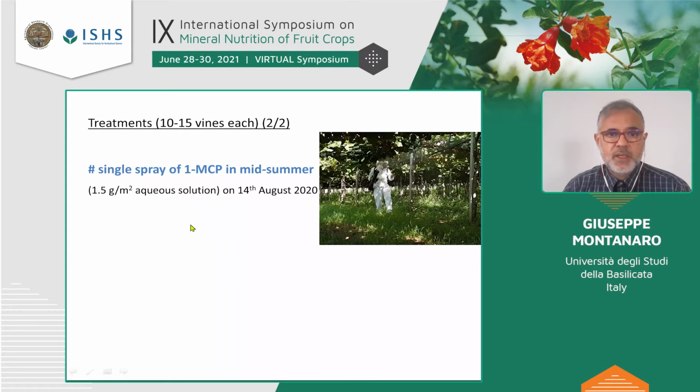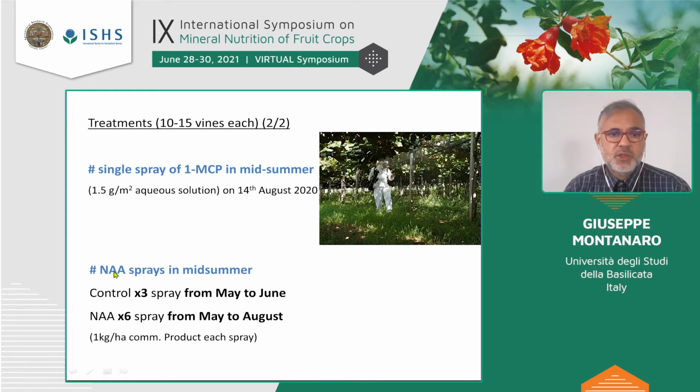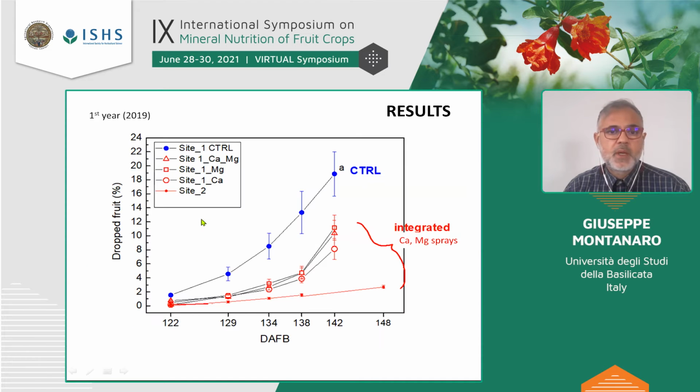We also sprayed 1-MCP in a single application in midsummer, and the application of the synthetic auxin was extended from late June in the control to late August, adding 3 more sprays.